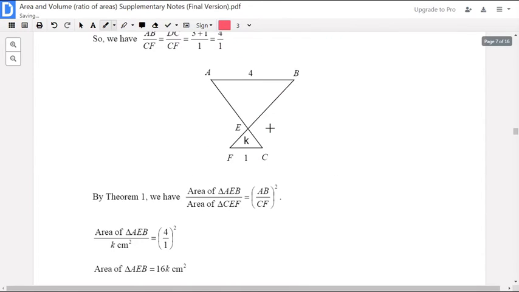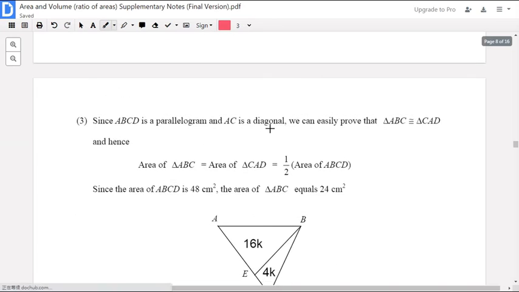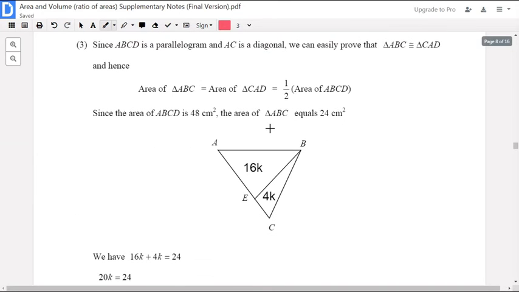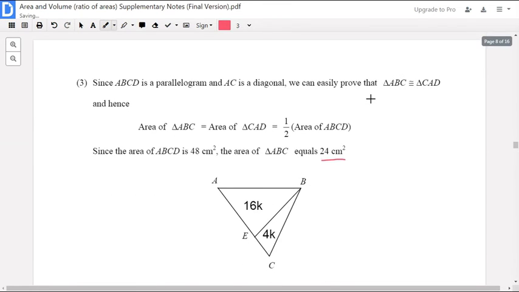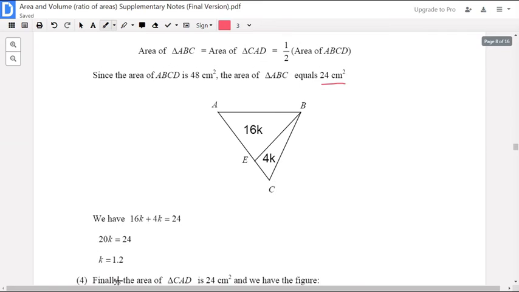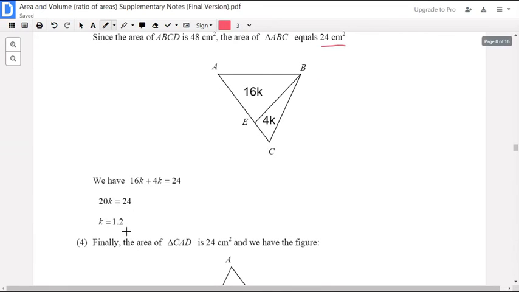So we know that the area of triangle ABC must be half of 48, which is 24. Therefore, 20K equals 24, and we know that the value of K must be 1.2.